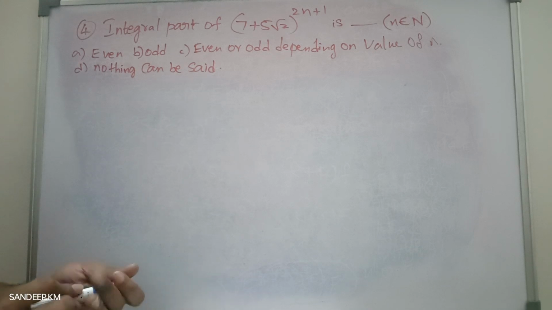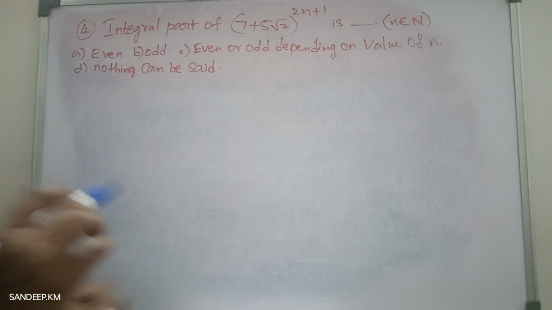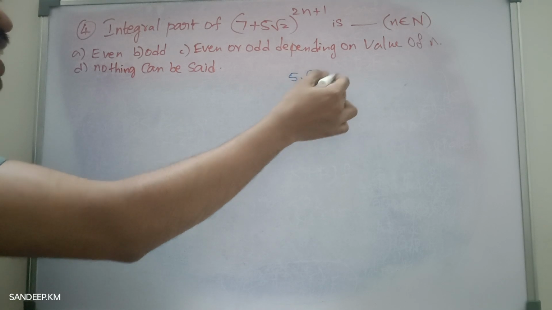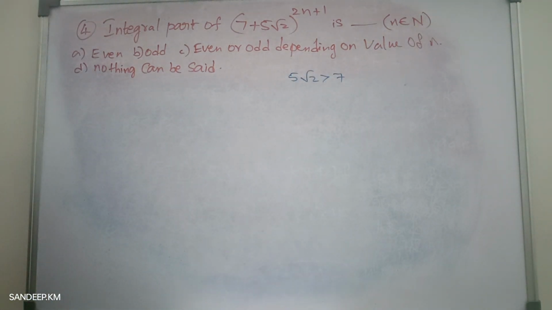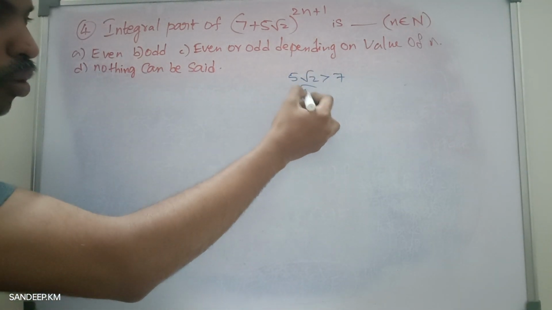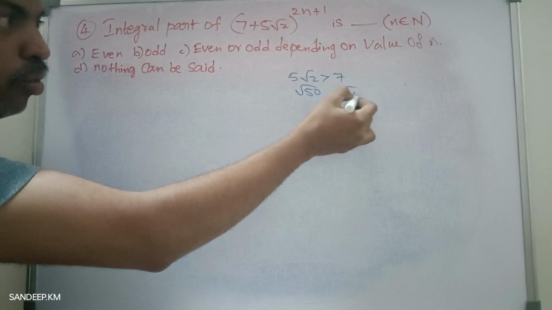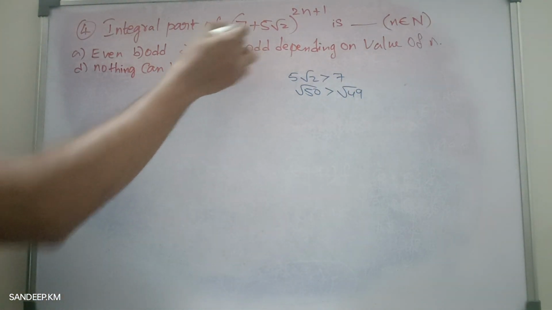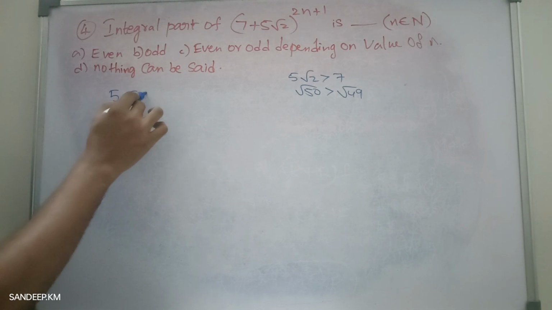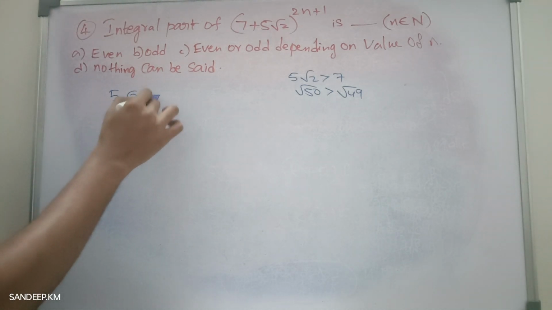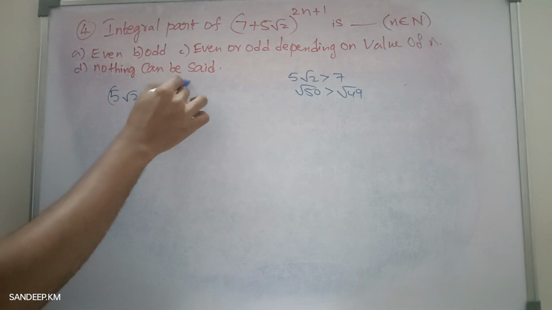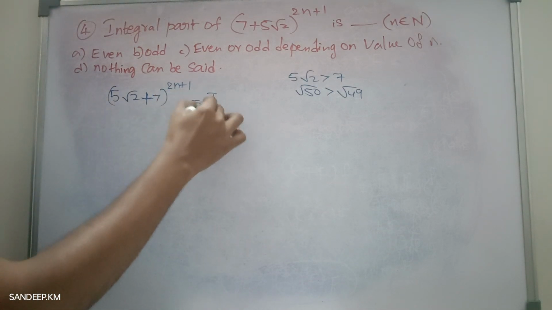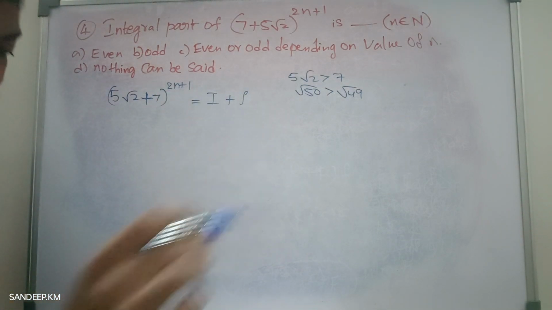Now see here dear students, clearly 5√2 is greater than 7, because 5√2 is √50, and 7 is √49. 5√2 is greater than 7, so I'll take this expansion as (5√2 + 7)^(2n+1), and let this expansion be equal to some integer plus fractional part.